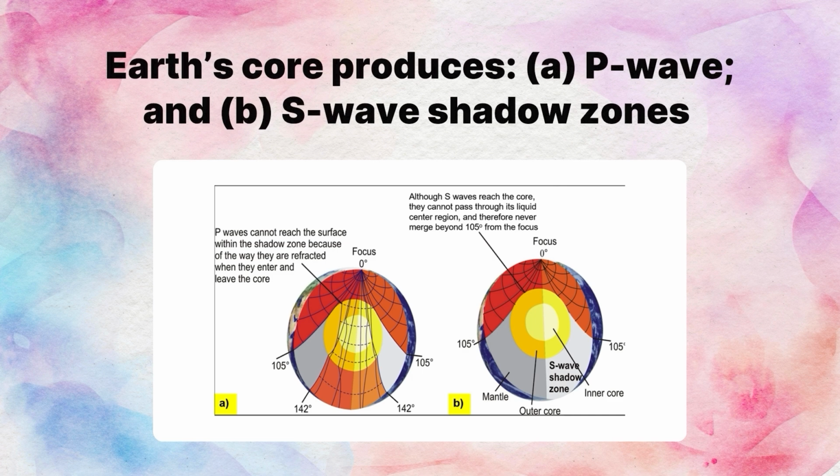Similarly here, although S waves reach the core, they cannot pass through its liquid center region, this central part, and therefore never emerge beyond 105 degrees from the focus. Suppose this is the focus of the earth and this is 105 degrees. Beyond that they cannot be received on the opposite side of the earth. So this is called a shadow zone.